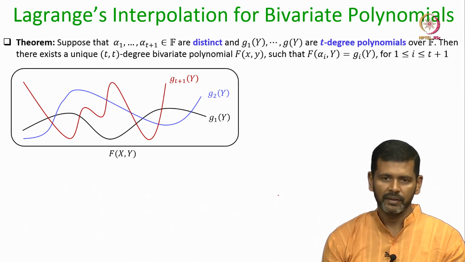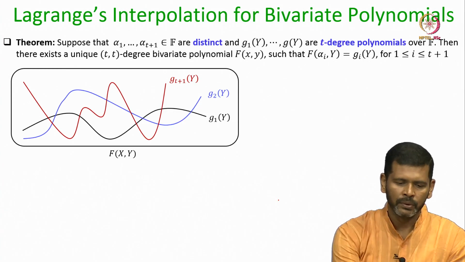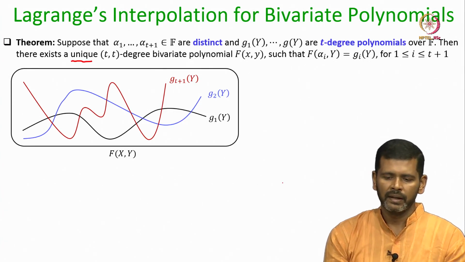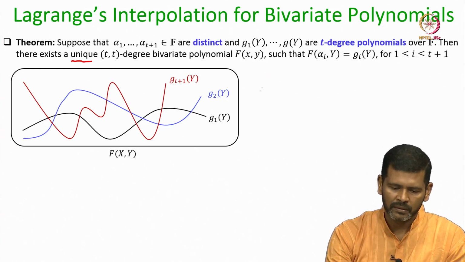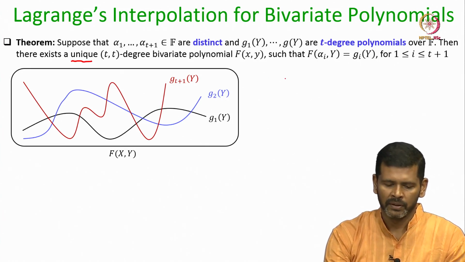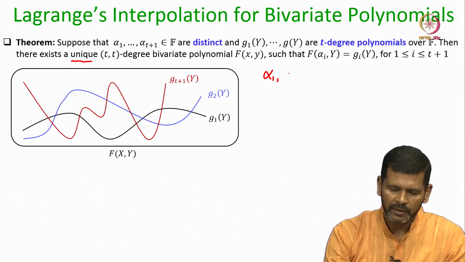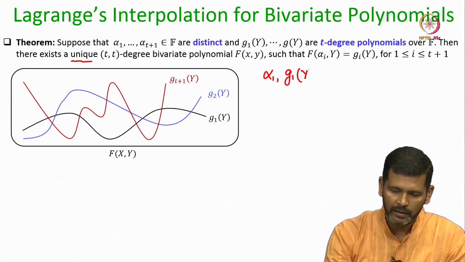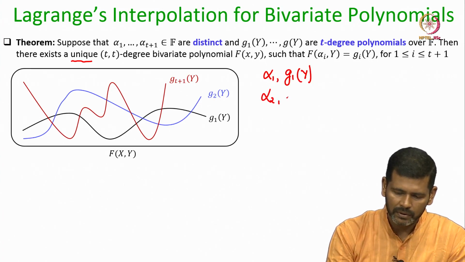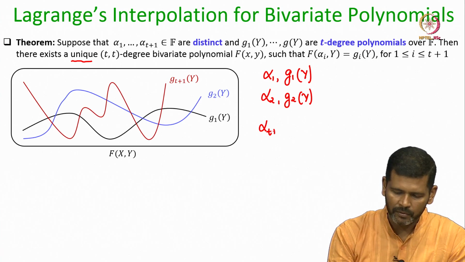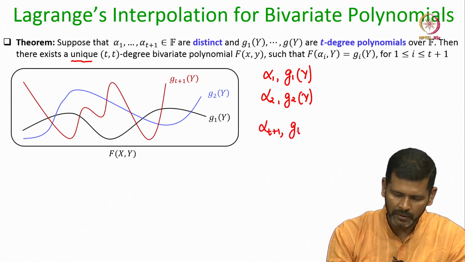Then the statement says that I can always pass a unique bivariate polynomial of degree t in both the variables passing through the given univariate polynomials, namely alpha 1 g sub 1 y, alpha 2 g sub 2 y, and alpha sub t plus 1 g sub t plus 1 y.